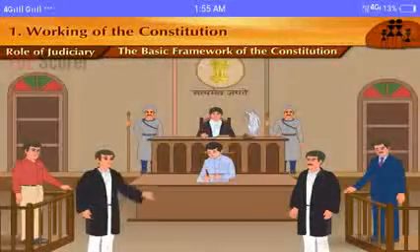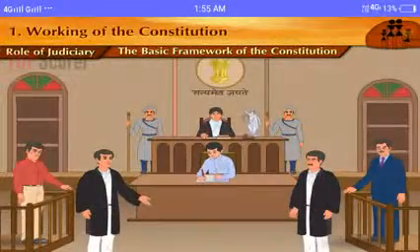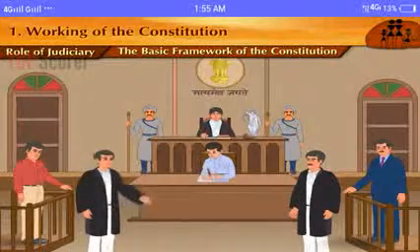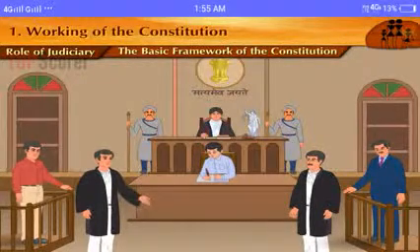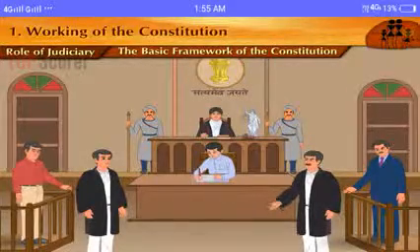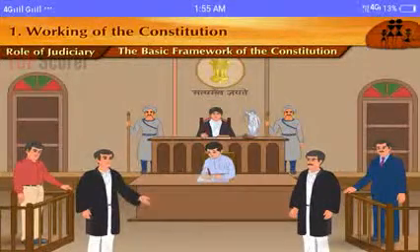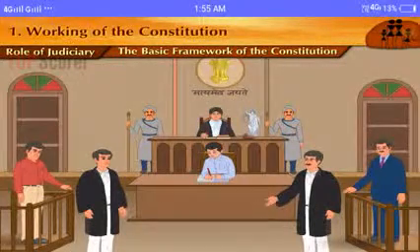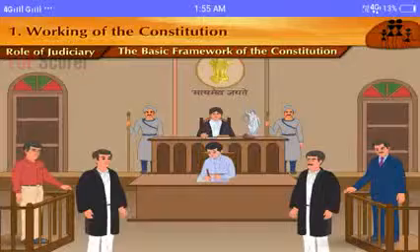The judiciary accepted these changes made by the Constitution, but at the same time, it specified the limitations on the implementation of these powers. The judiciary took a stand that while amending the Constitution, the Parliament cannot alter its basic structure, which generally included the following provisions.